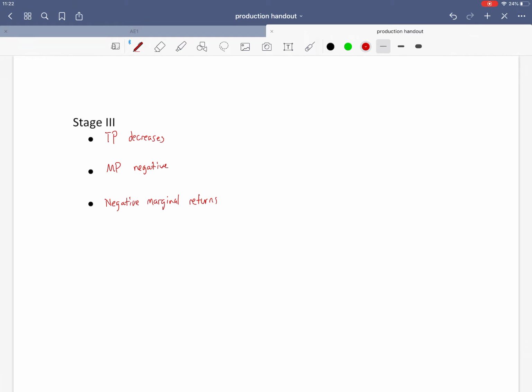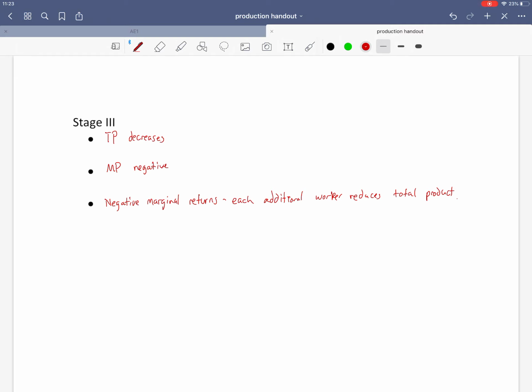Now, when we have negative marginal returns, this means that each additional worker actually reduces total product. And in a sense, they're kind of harming the firm because they're making production go down.